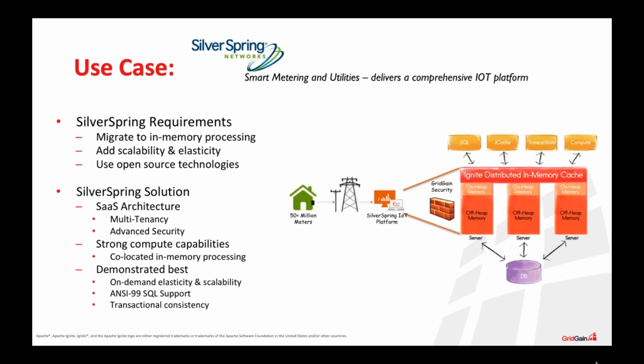Many of us know the company Silver Spring, which specializes in IoT products and delivers comprehensive IoT products and platforms. And for one of the projects, Silver Spring Networks, they use Apache Ignite.